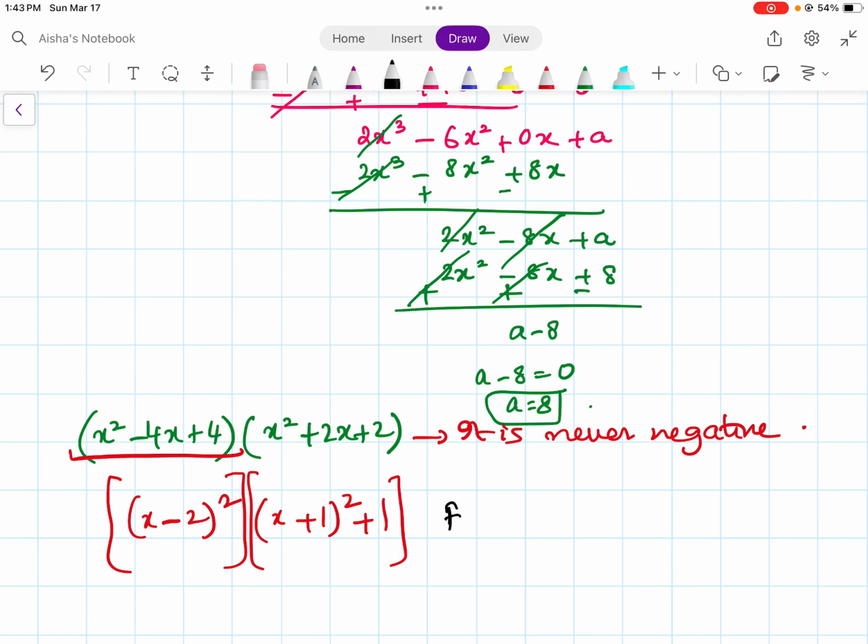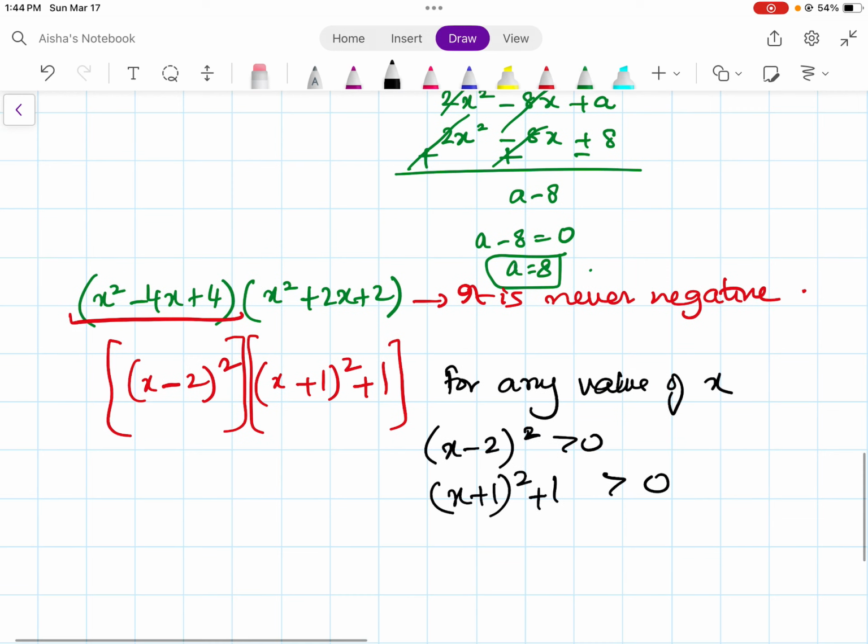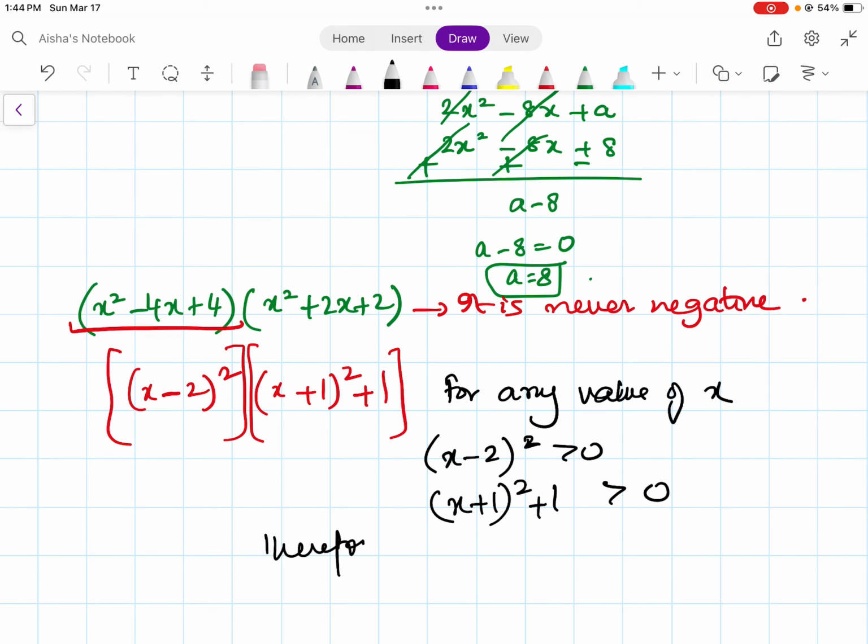Now, can I say for any value of x, x minus 2 the whole square will be greater than or equal to 0? X plus 1 the whole square plus 1 will also be greater than 0 because x is inside a square. Therefore, the product will also be greater than 0.